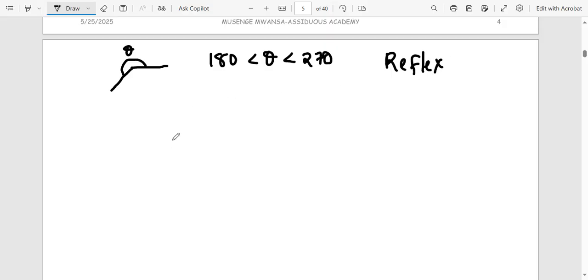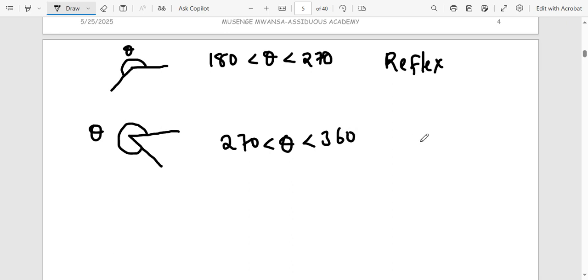And you also have an angle like this one, between 270 and 360. This is also known as a reflex angle. In other words, any angle between 180 and 360 is a reflex angle.